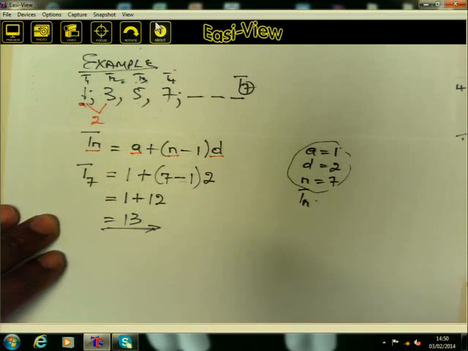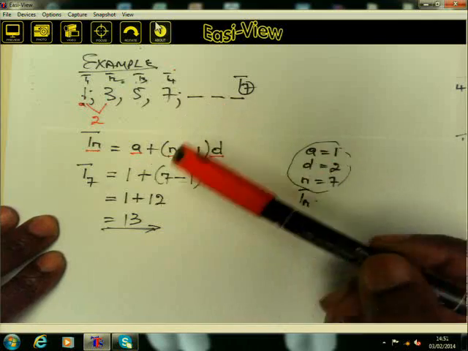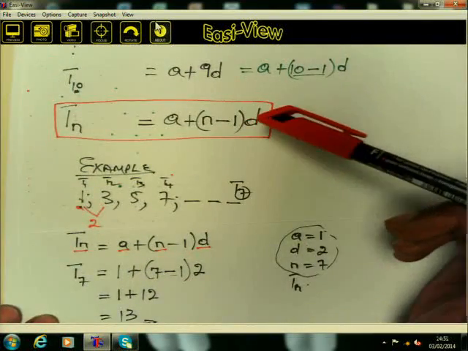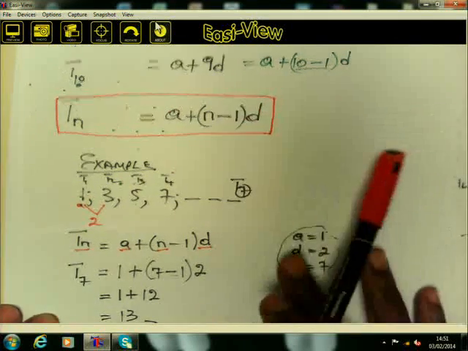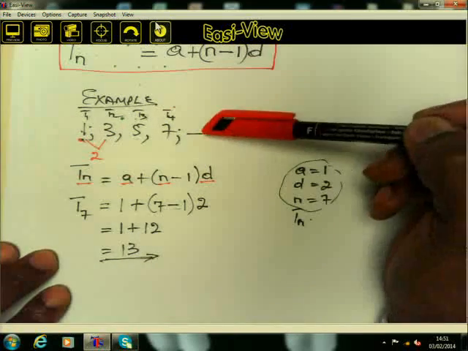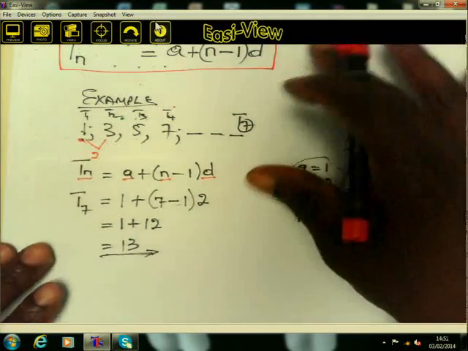We can look at that. But up to so far, I think we are together in finding the general term. Here is the general term. We have found the formula, and then we apply this formula to find T7, which is the 7th term of the sequence that was given to us.